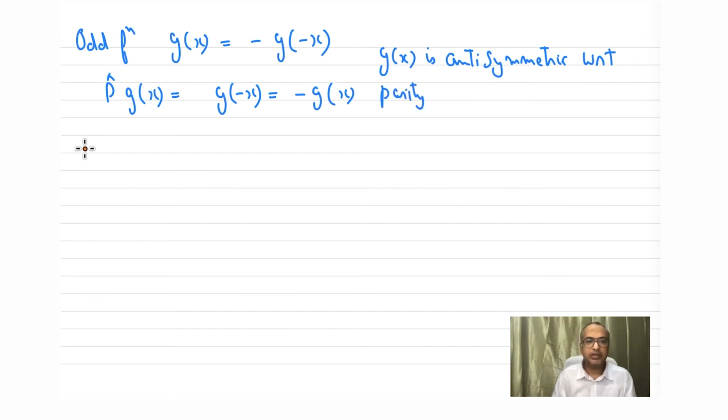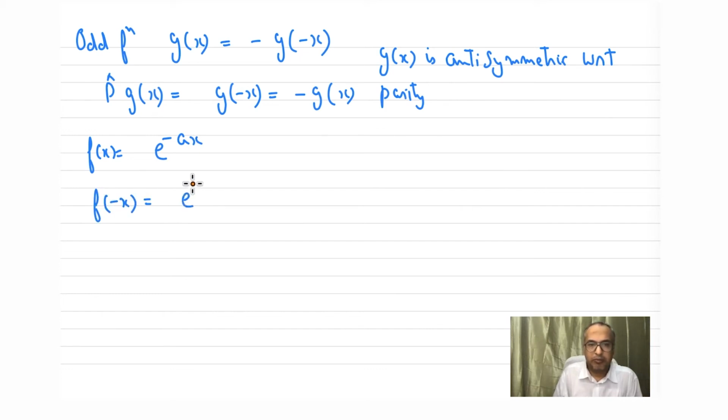Now, in certain conditions, the function can be neither even nor odd. It is not necessary. So, for example, let's take f(x) is equal to e to the power minus ax. What happens if you apply f of minus x?